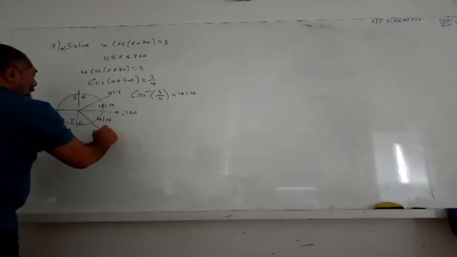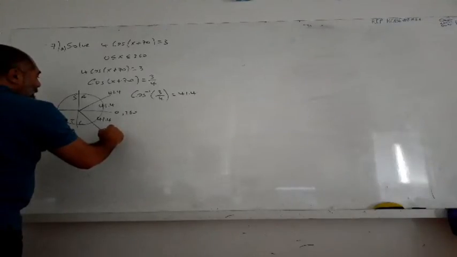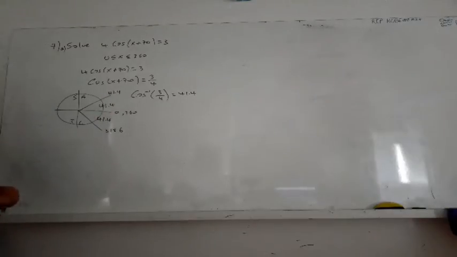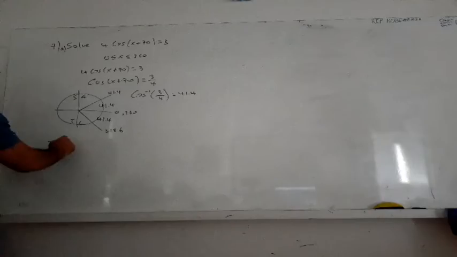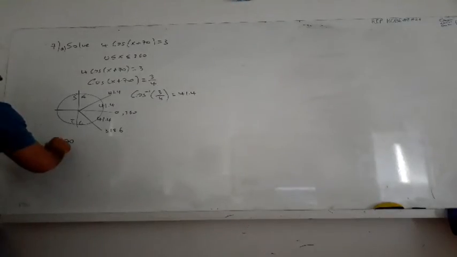So x plus 70 is 41.4 and 318.6. We have to subtract 70 from these.